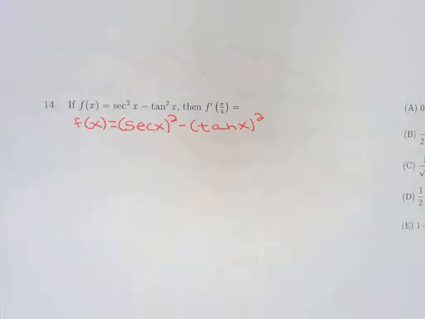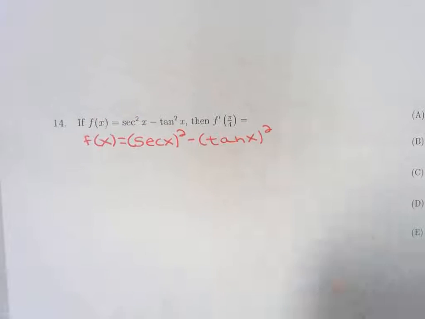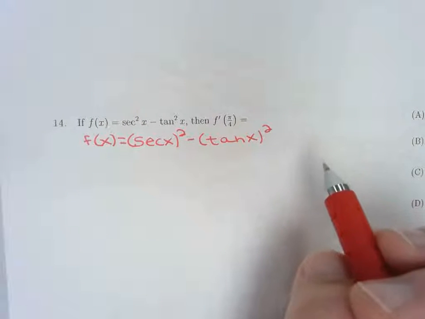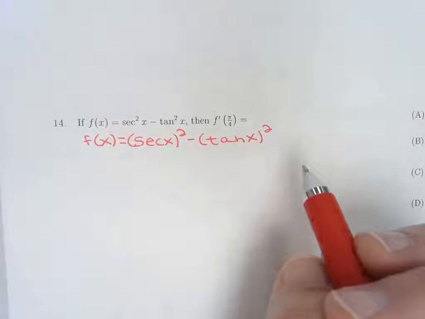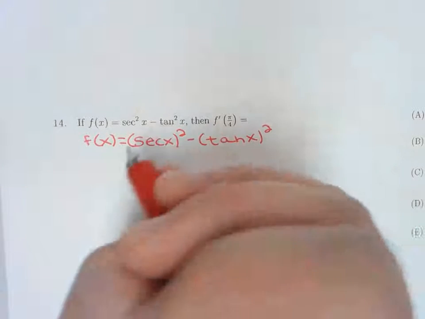Now if I was integrating, we know the derivative of tangent is secant squared. So if I was integrating, I could go backwards nicely, but since I'm taking the derivative, I would write it like this first. And then we notice we're going to have to use what property? Chain rule, yeah.